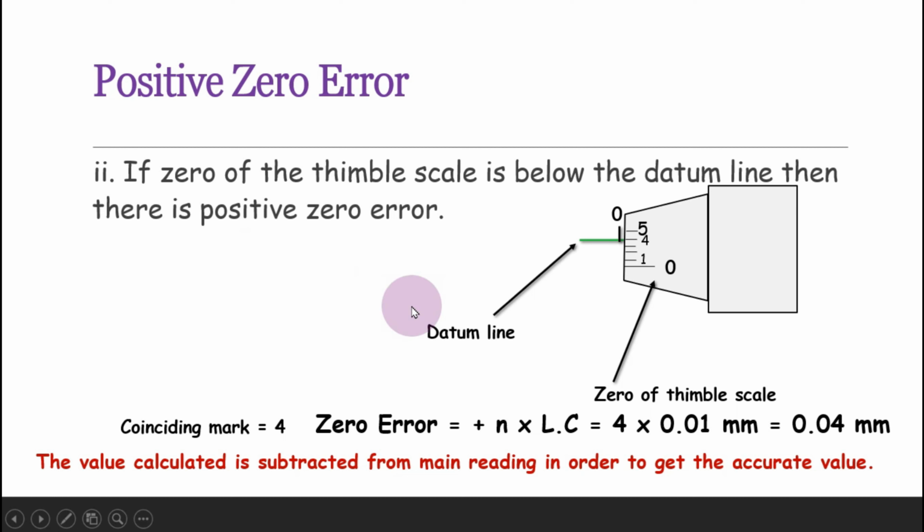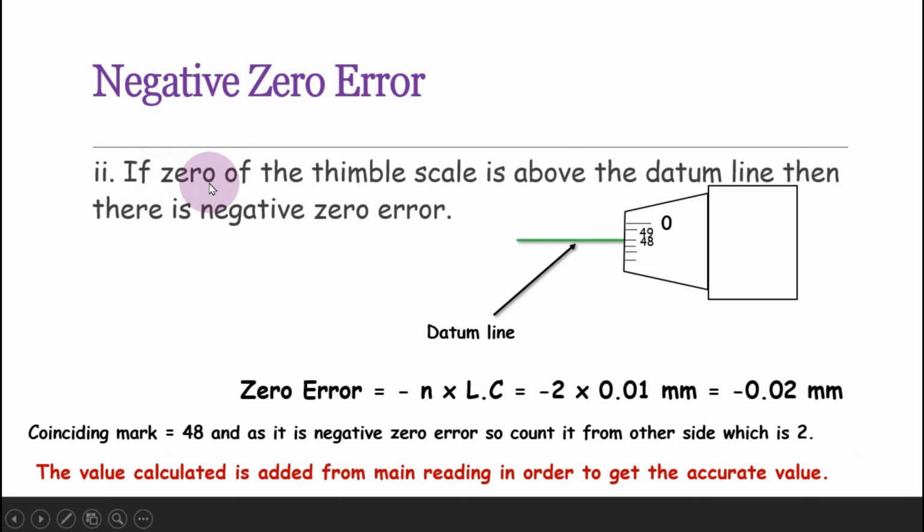To calculate the positive zero error, the formula is plus n into least count. We know that the least count is 0.01 millimeter, and what is n? It is the mark on the circular scale which coincides exactly with the datum line. In this case it is 4. So 4 into least count gives you 0.04 millimeter. As this is a positive zero error, it should be subtracted in the end.